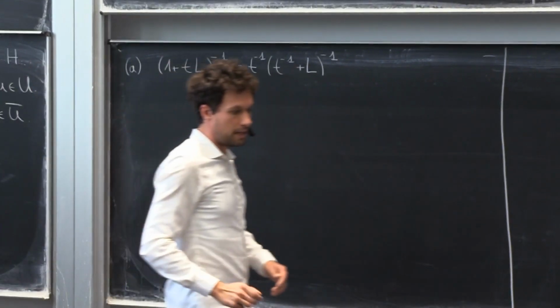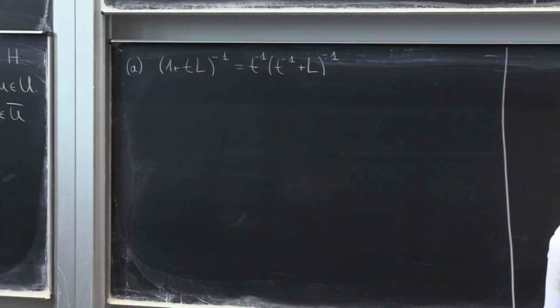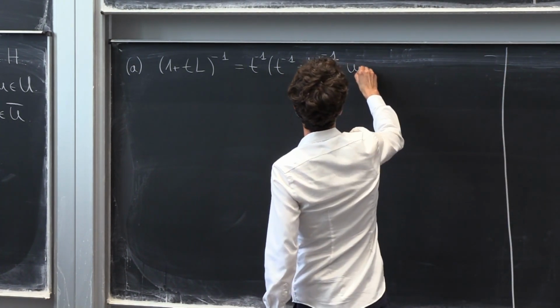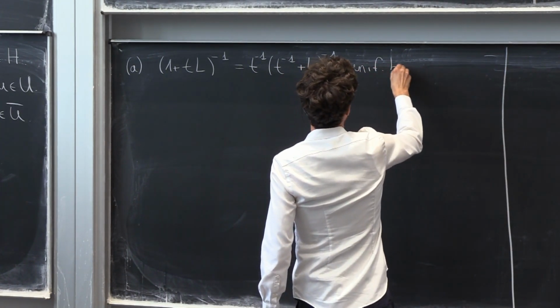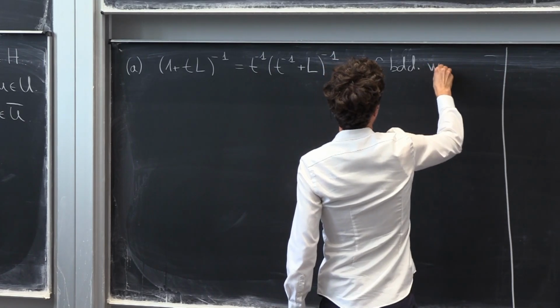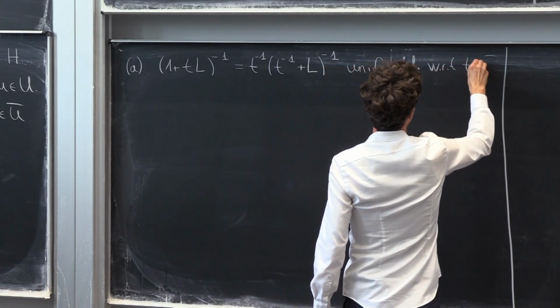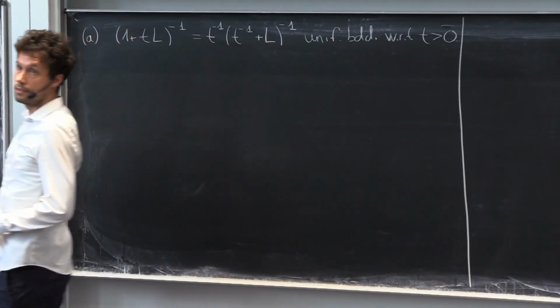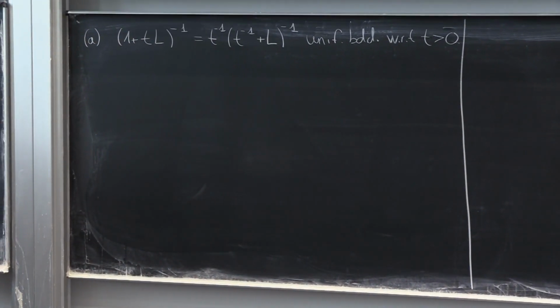Wonderful. Okay, so I can say that this family is uniformly bounded with respect to T positive. You tell me if I'm using too many abbreviations, you stop me. It's kind of my style to try to use blackboard space very efficiently.